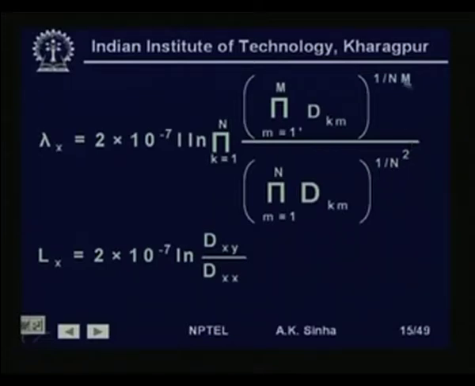This is what we will get after finding out the flux linkage for each subconductor and then adding them up for all the subconductors.